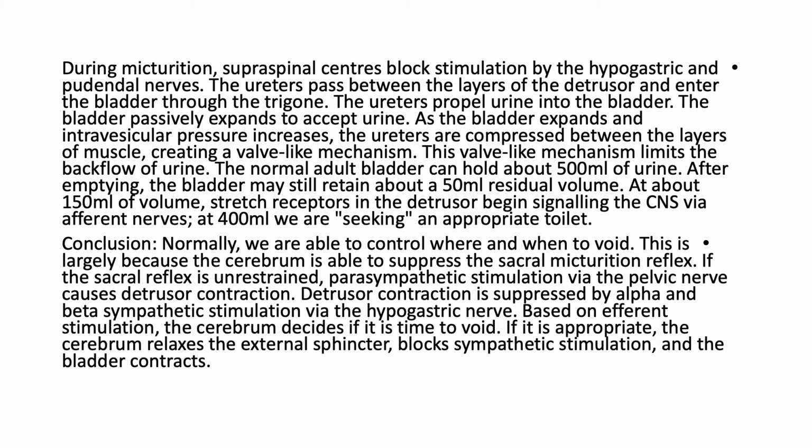These impulses, through the parasympathetic control, cause the contraction of the detrusor and the relaxation of the sphincter, and we will pass the urine when the time and the place is appropriate.